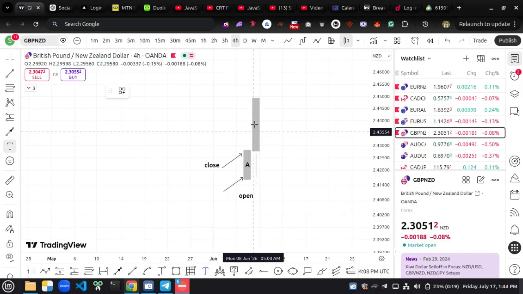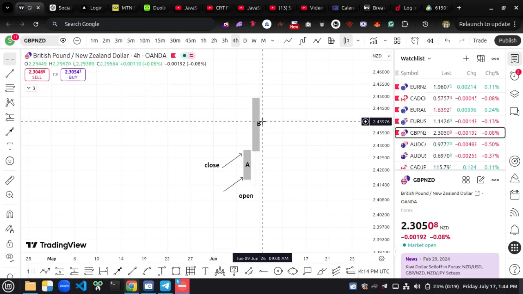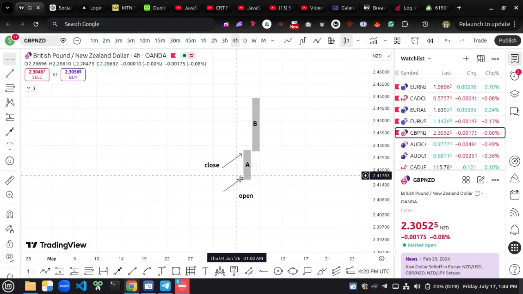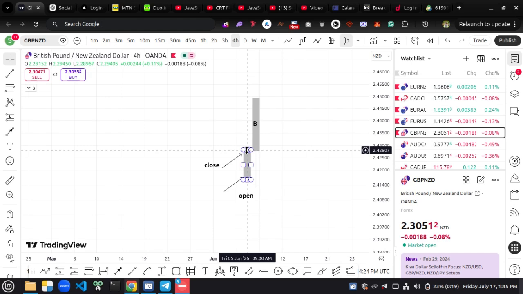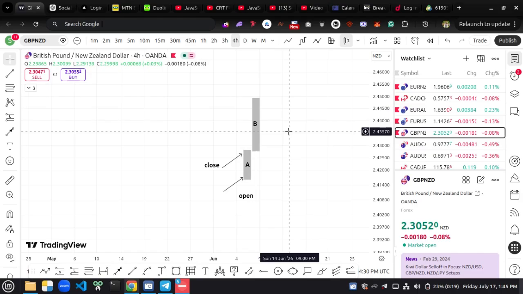I'm not going to draw the open and close of this one. What kind of candle is candlestick B? Don't forget, this is where it starts. Price opens here, closes at this point, right? What kind of candle is candle B?